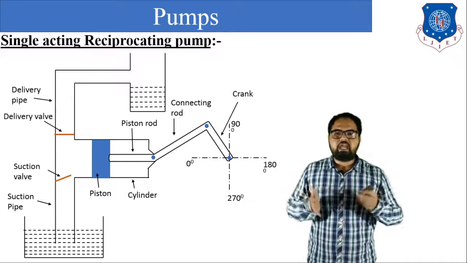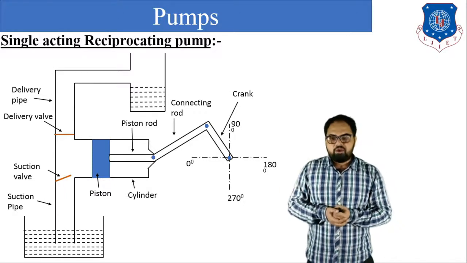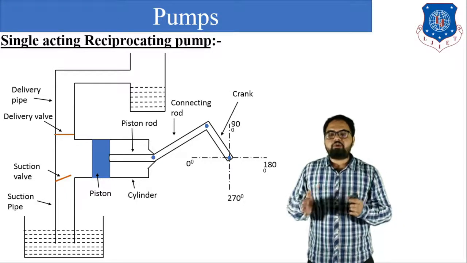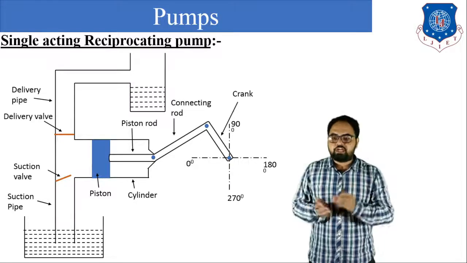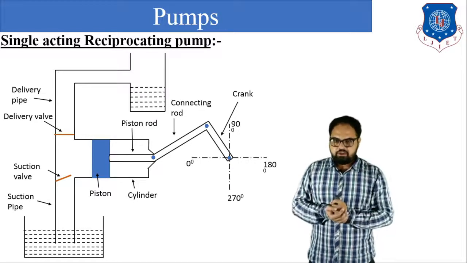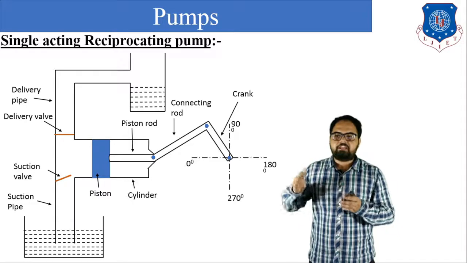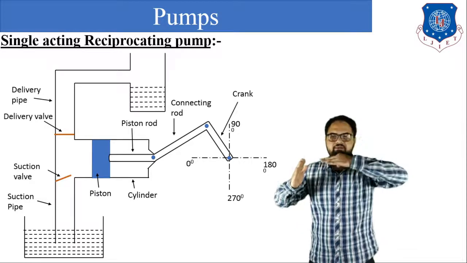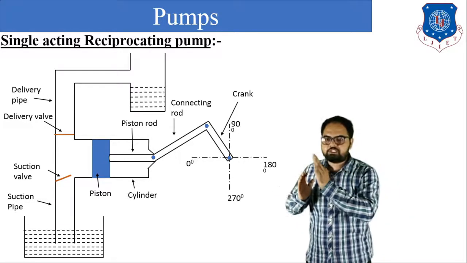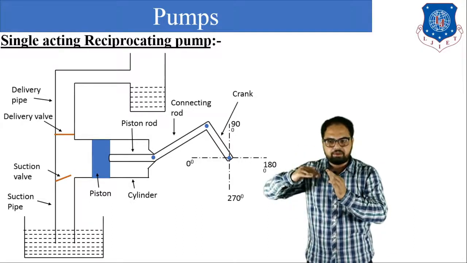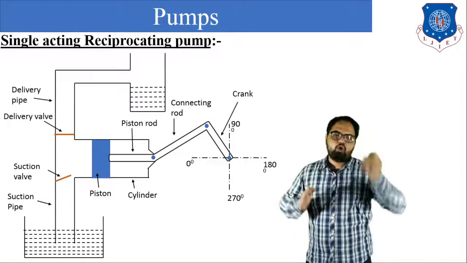They are operated according to the difference in pressure generated inside the cylinder. When negative pressure is generated, the suction valve will open and the delivery valve will close. When positive pressure is generated, the suction valve will be closed and the delivery valve will be open.